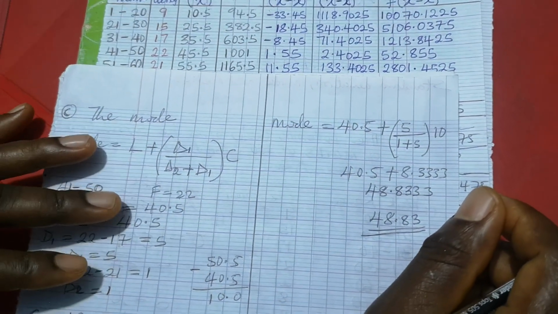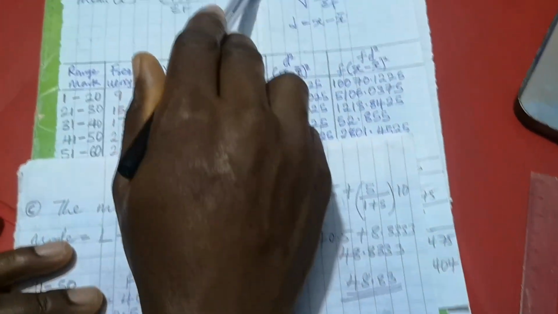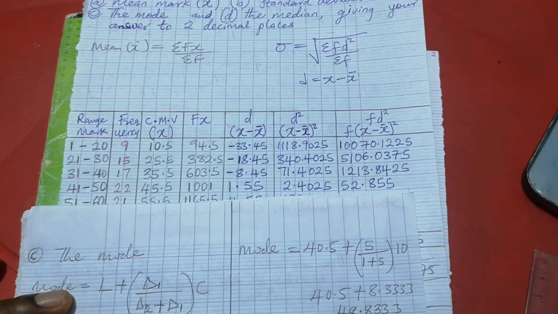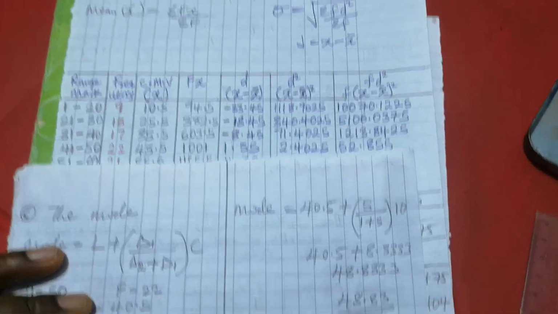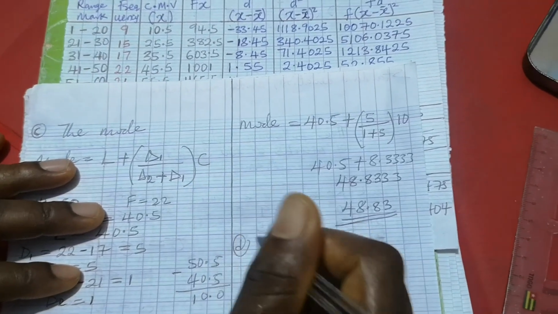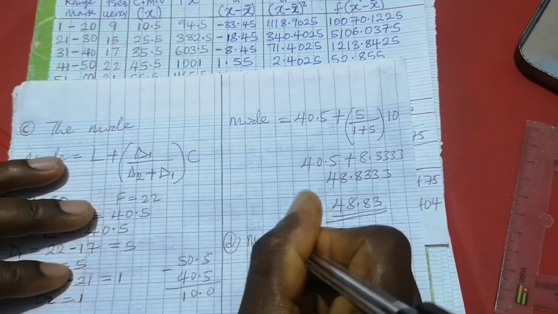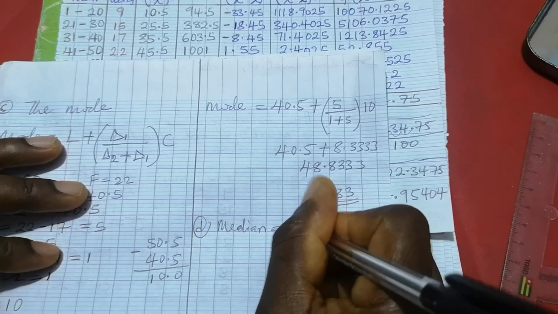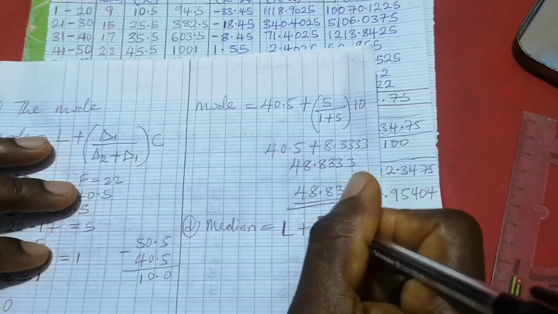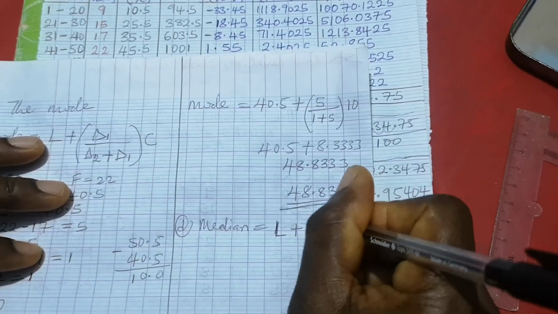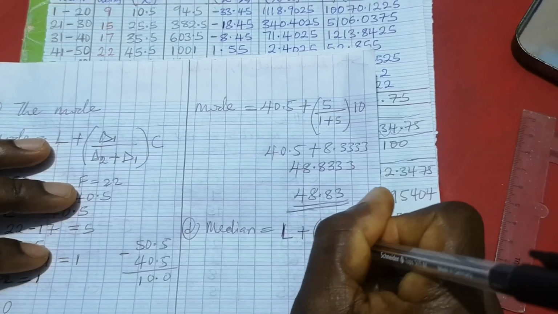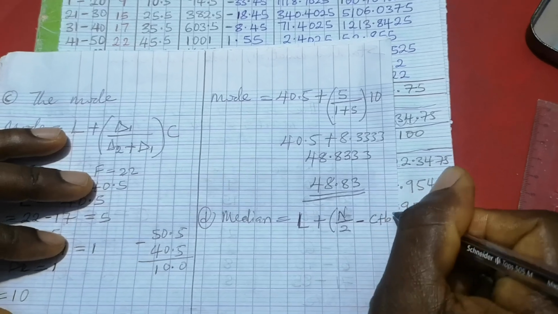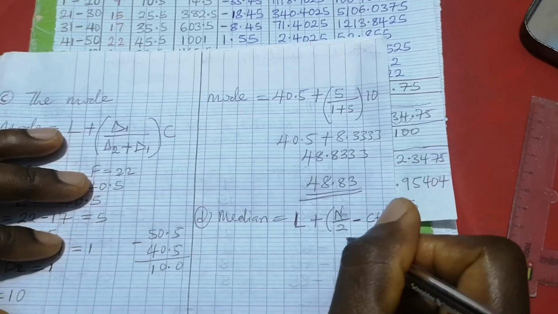Now the next is to find the median. For us to find the median of grouped data using the formula, the median is L plus, in brackets, n divided by 2 minus the cumulative frequency before the median class, divided by the frequency of the median class, close the brackets, multiplied by the class width.